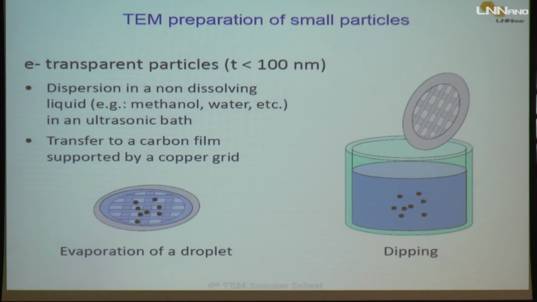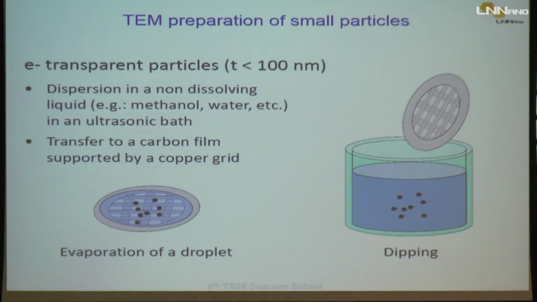For electron transparent particles smaller than 100 nanometers, it's very easy to prepare. The sample that I showed yesterday, I just prepared it by passing the powder on the grid and blowing the excess out. Very easy, okay?